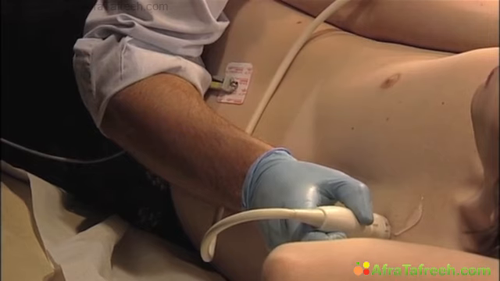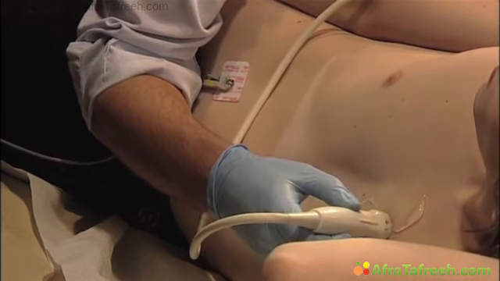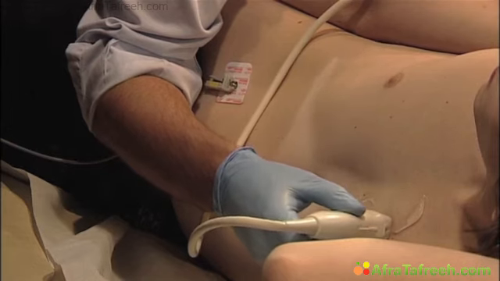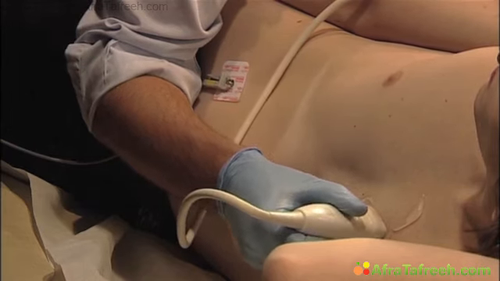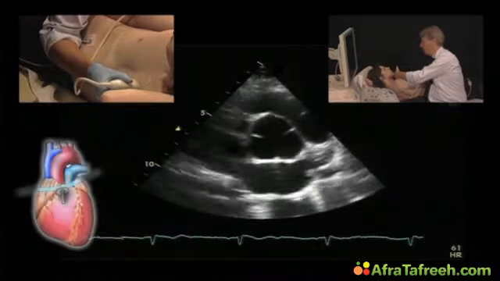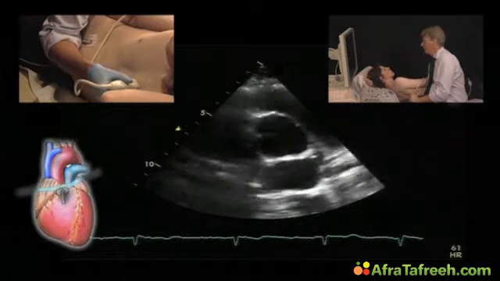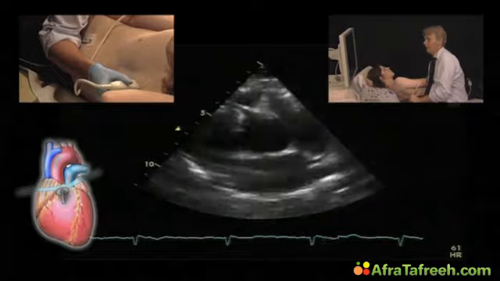Now what we have to do is rotate the transducer clockwise until we are perpendicular to the original plane. Now the marker, which is where my finger is, points towards the left shoulder, or armpit actually.